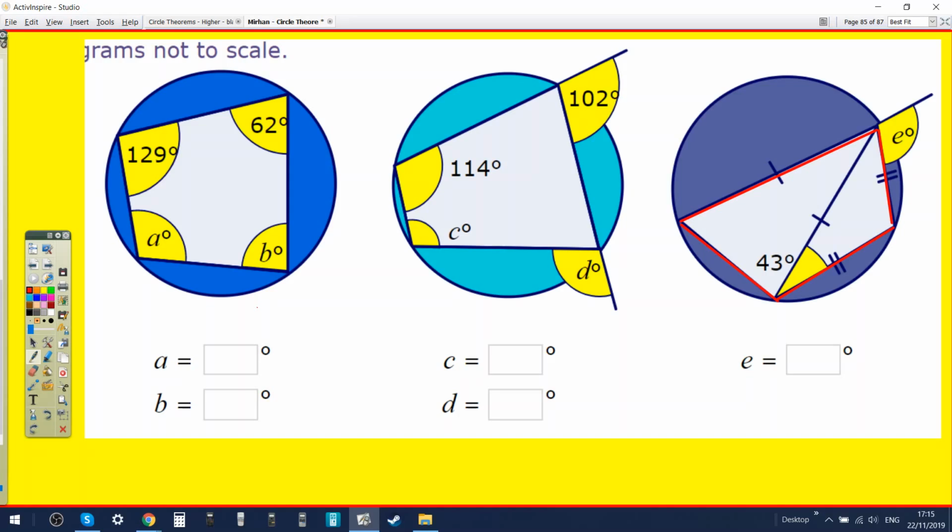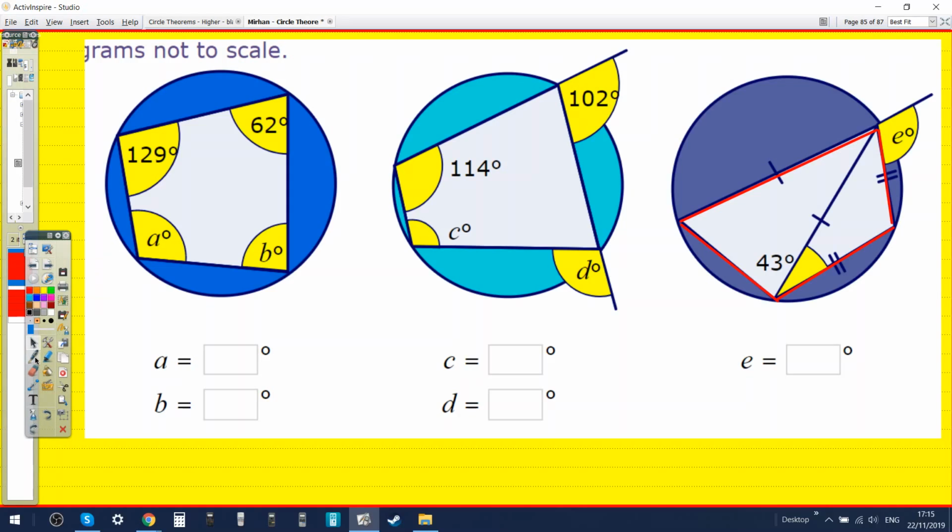Opposite angles in a cyclic quadrilateral add up to 180. So these two will add up to 180, and so will the other diagonal too. It's called a cyclic quadrilateral because all four corners are on the circle.